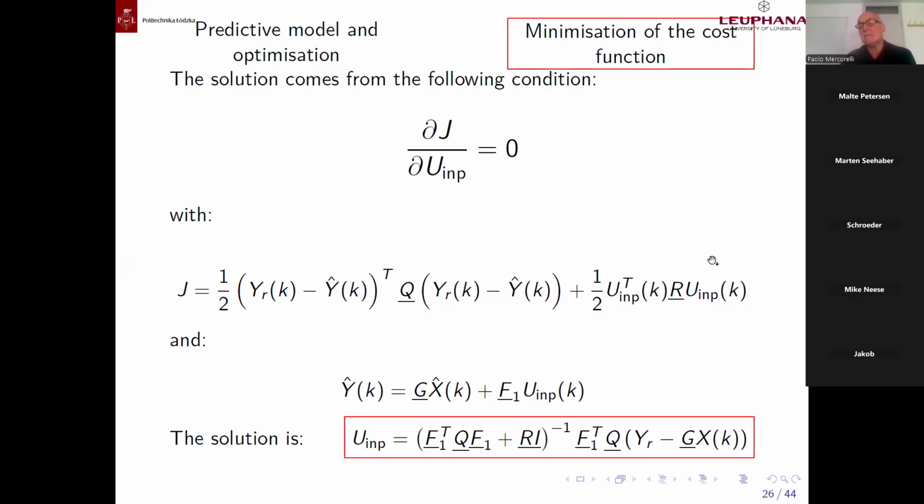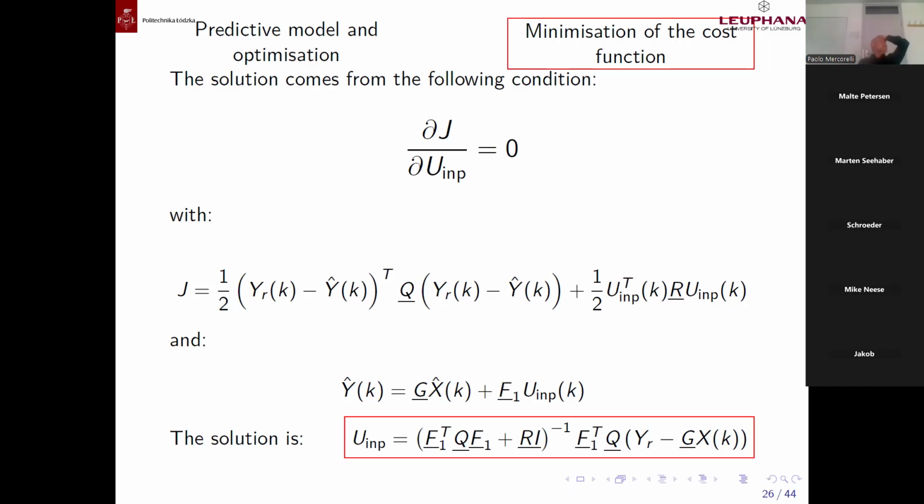And remember this part here, which weights again step by step, starting from the actual input, the future input, using a matrix R. Assuming that the length of the control, the control horizon, equals the prediction horizon.